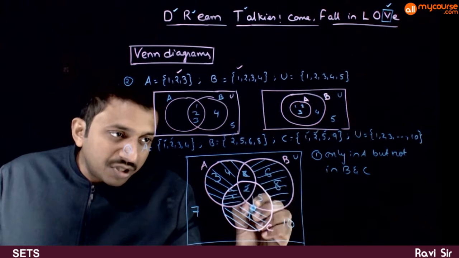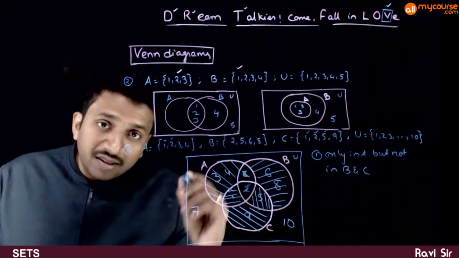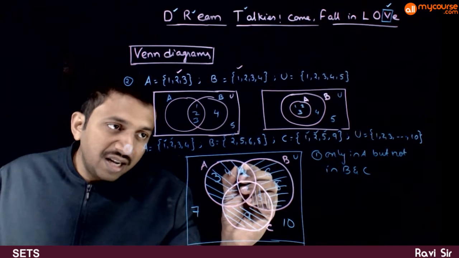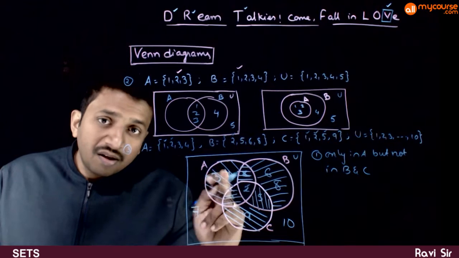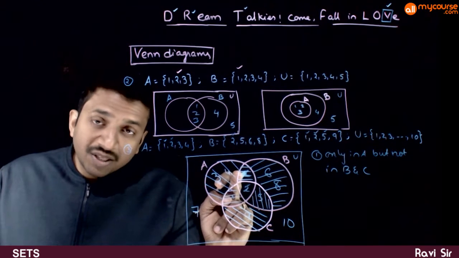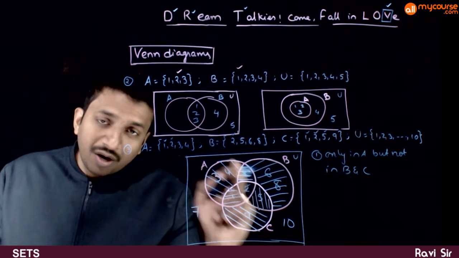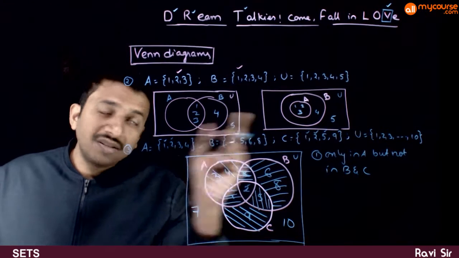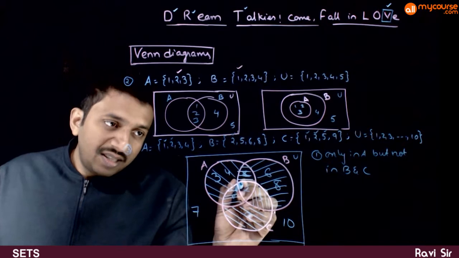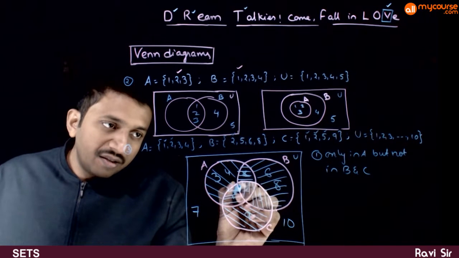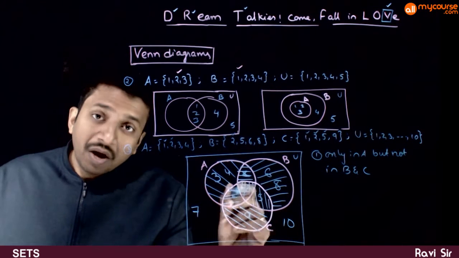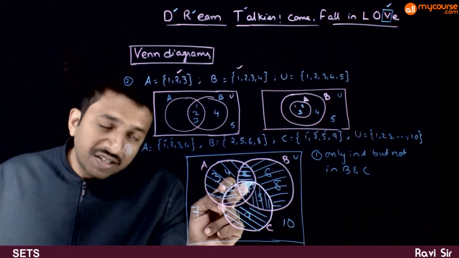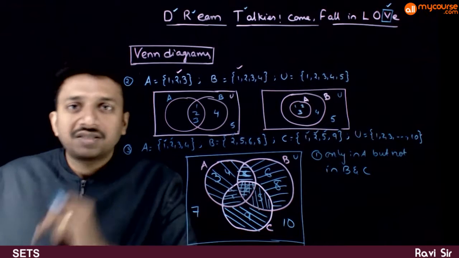This area corresponds to the elements present in both B and C but not in A. This region corresponds to the elements which are present in A and B but not in C. So there are no elements which are present in A and B but not in C. Next, this is the area which corresponds to all the sets A, B, C. So whatever elements come here, they belong to all the sets.